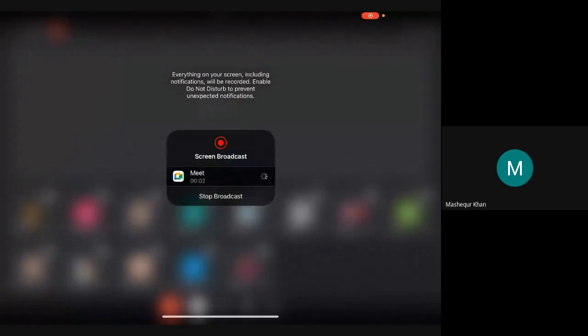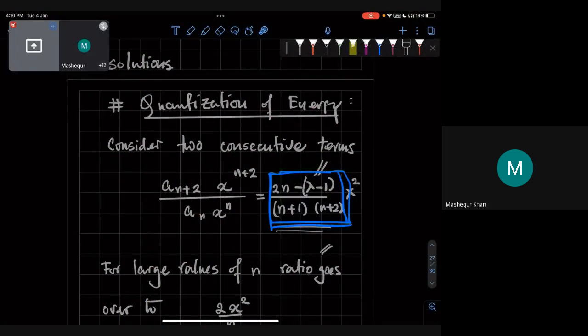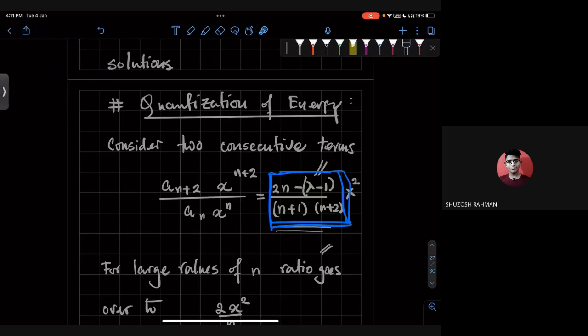Okay, so can you guys see? Yes, sir. So basically, the only way that we can truncate these series for some value is if the numerator here goes to 0, right?